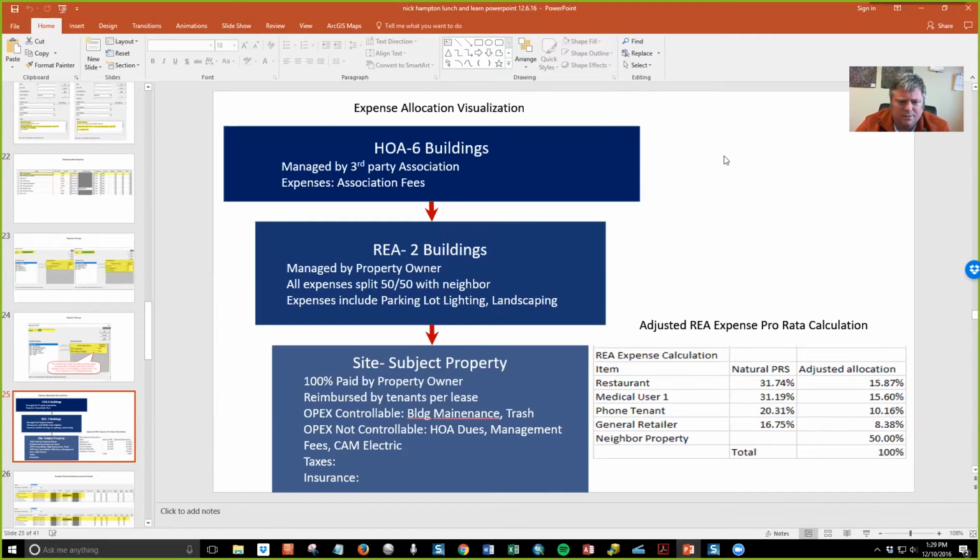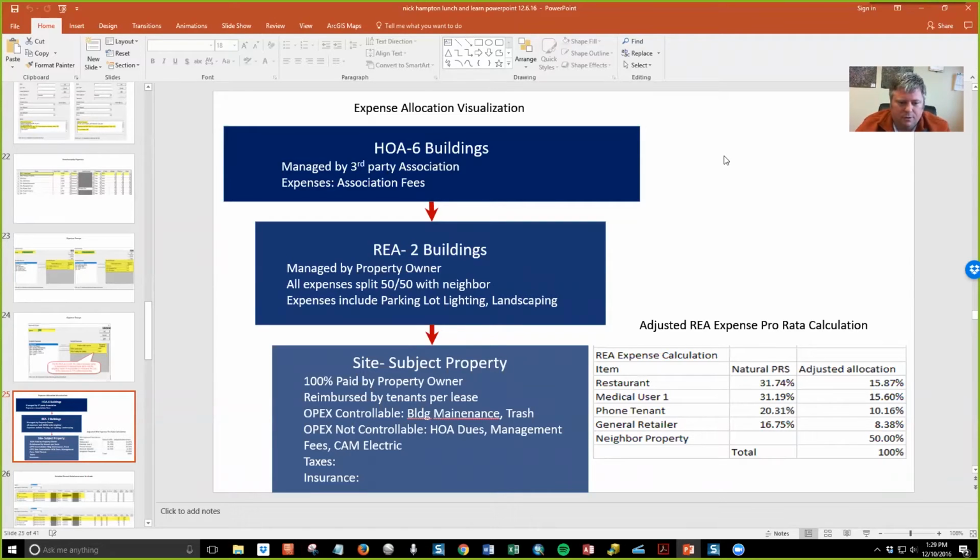All the expenses are split 50-50 with the neighbor. Also, it's not on the sheet, but there's a 15% administrative fee that the property owner can charge for processing the maintenance. All right. So the expenses include parking lot, lighting, and landscaping.